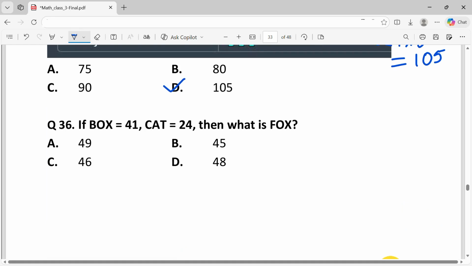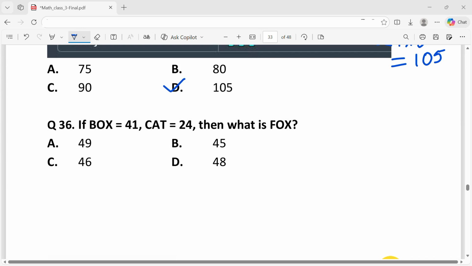Question 36. If BOX is equal to 41 and CAT is equal to 24, what is FOX? The problem uses alphabetical order of the letters and summating them, that is B as 2, O as 15 and X as 24, which is equal to 41.